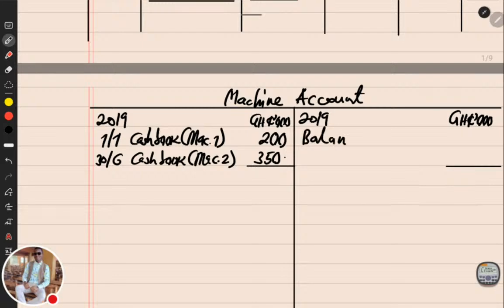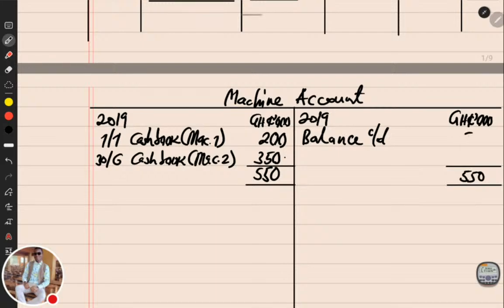So we're going to have the balance here written as what? Balance carried down. Yeah, there's a balance, we're going to send it to what? The next period. That's why we say balance carried down. All right? So we'll have the total figure of what? 550. Underline it nicely, 2 double lines, so just 1. That's fine, no problem. So we have here 550.